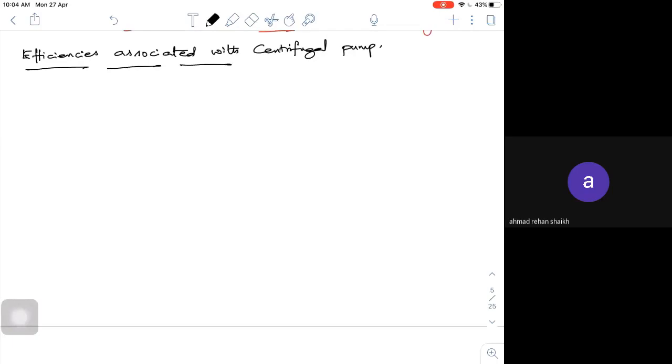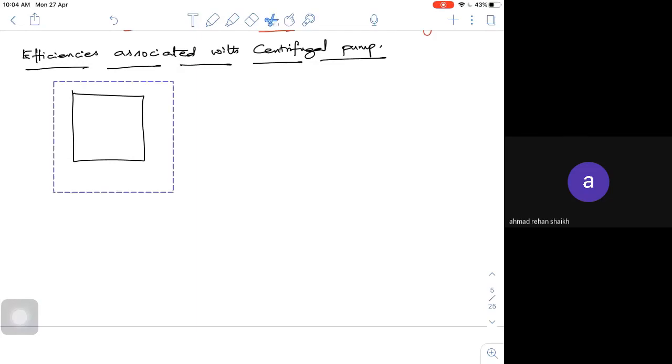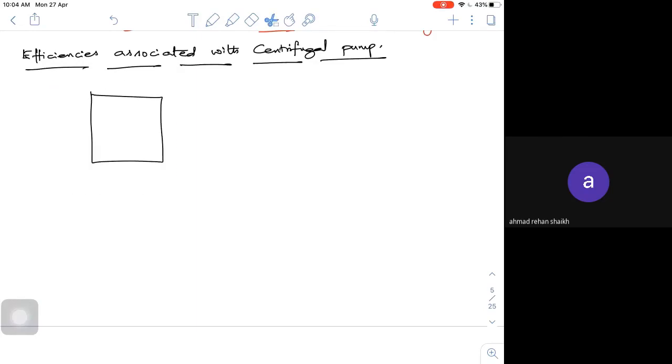Okay, so let me write a simple block diagram, which you already know. So what will happen in case of a power absorbing machine?